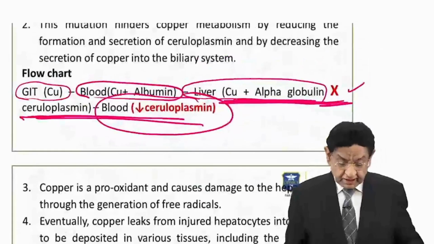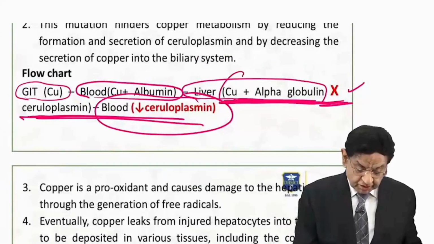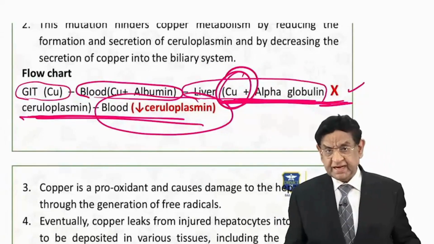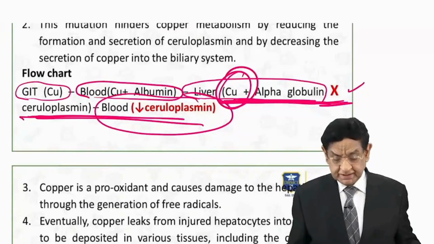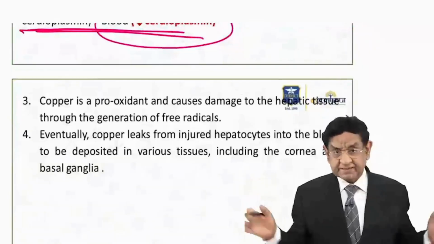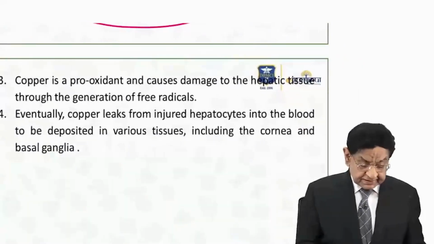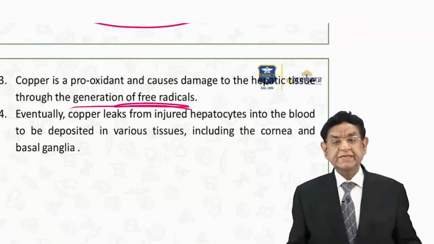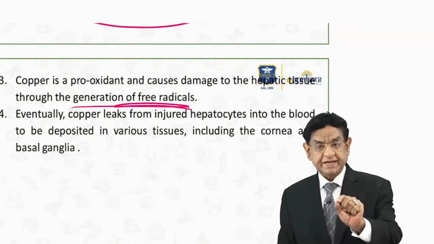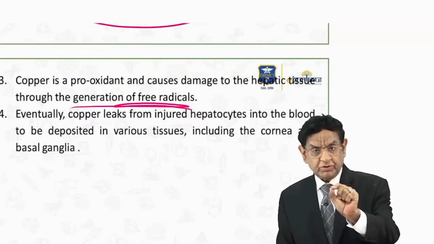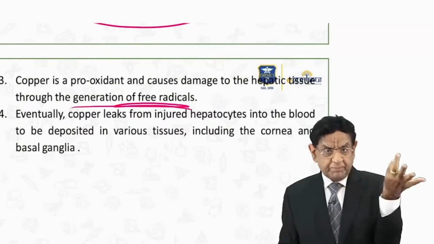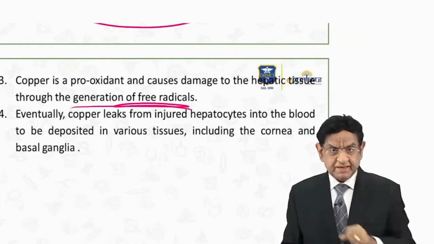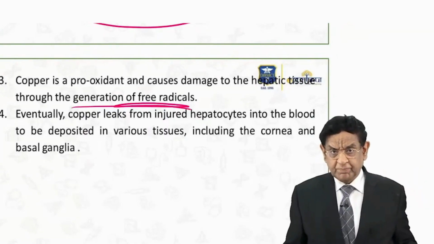Well, now copper is free. It is not getting combined with alpha 2 globulin. Now this excess of copper is in the body. This causes damage to the tissues because it generates free radicals.